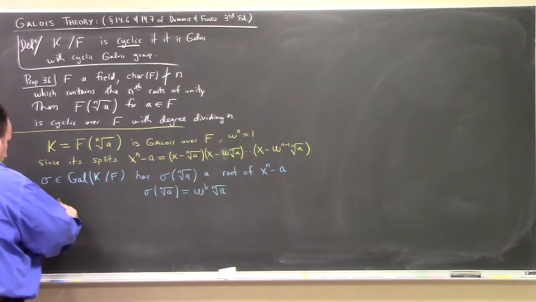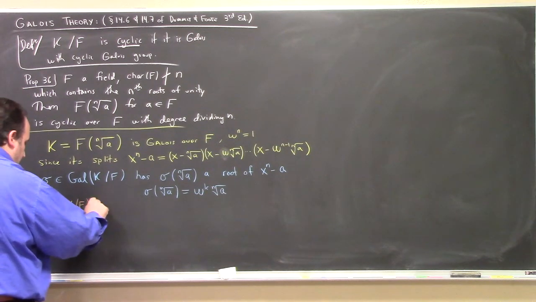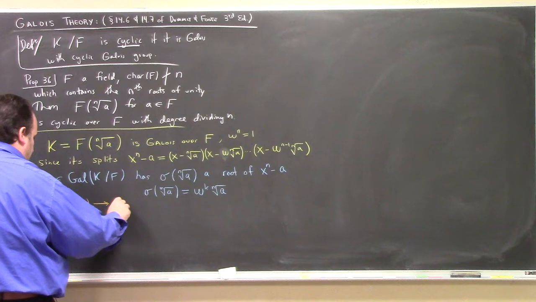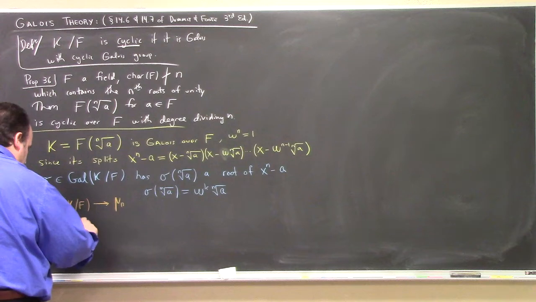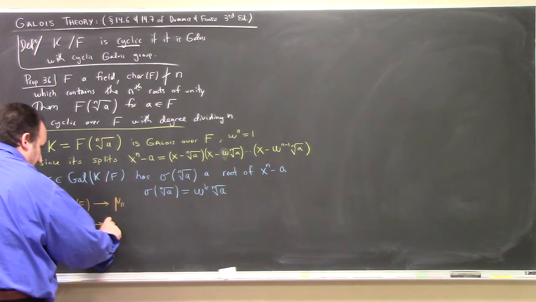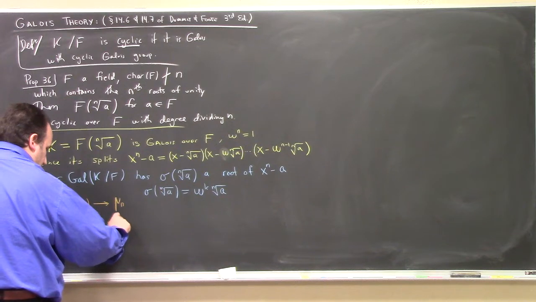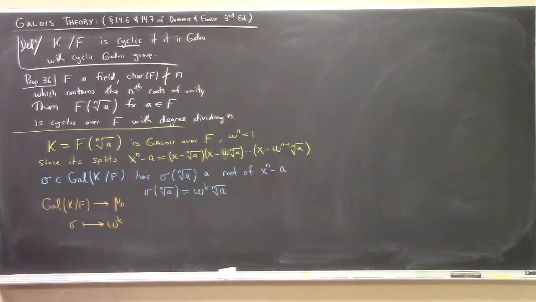The mapping is sigma maps to omega to the k. I'm using a slightly different notation than him, but I get the same idea. Because omega to the k is 1, therefore sigma maps alpha to alpha.